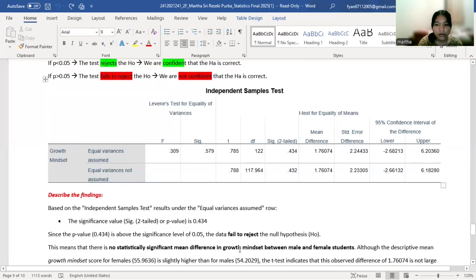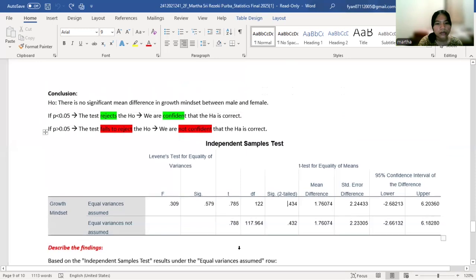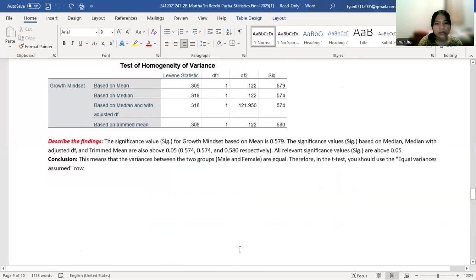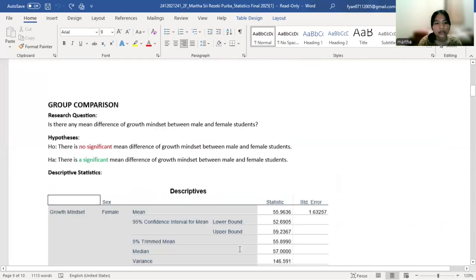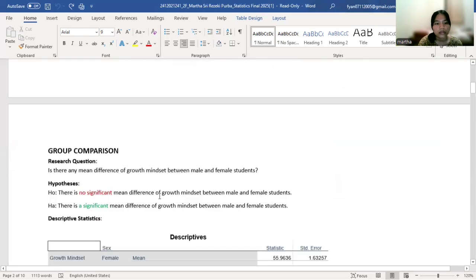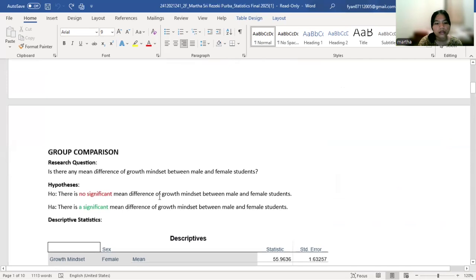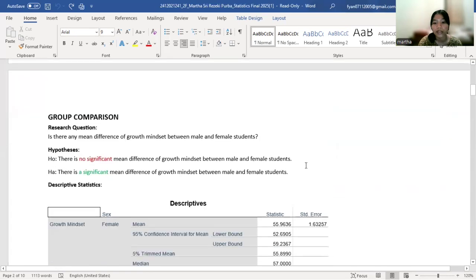So the result is we need to believe in the H0. There is no significant mean difference of growth mindset between male and female students.